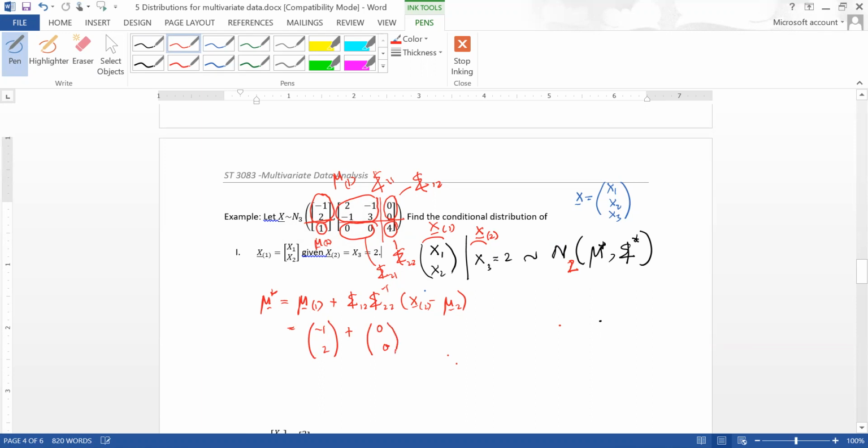Sigma 2,2 is 4, so sigma 2,2 inverse is 1 over 4. X2 is the given value, which is 2 here. Mu2 is 1. So the second part has 0, 0. That means multiplication gives 0. So the answer is minus 1, 2.